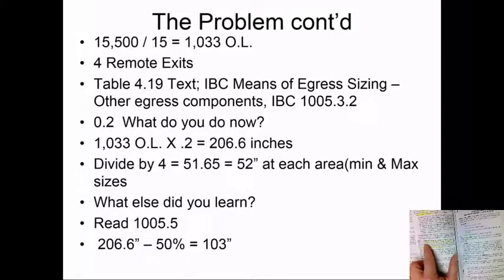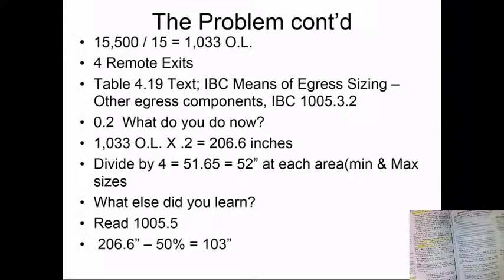Where more than one exit or access to more than one exit is required, the means of egress shall be configured such that the loss of any one exit or access to one exit shall not reduce the available capacity to less than 50% of the required capacity. Well, okay, so that means if we go back and we need 206.6 inches, less than 50%, now they're saying that each exit has to be at least 103 inches.